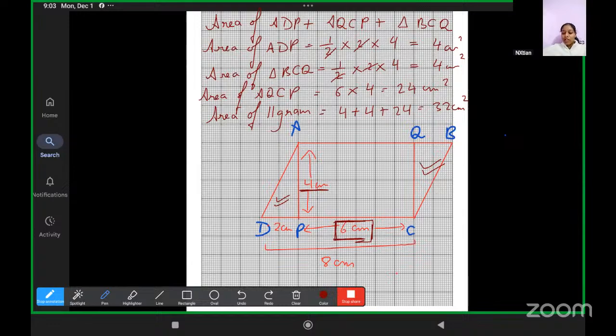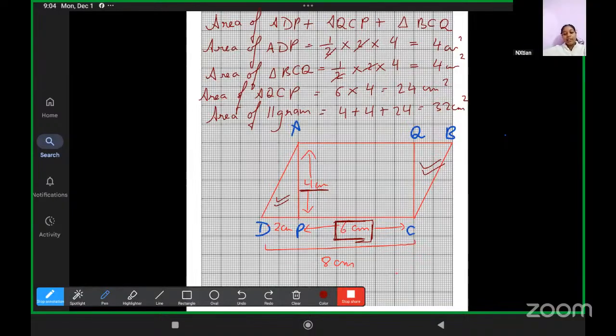So this is how you do it with a graph paper. Understood? We calculate the area of triangles, area of rectangle, and then add them to get the total area of parallelogram.